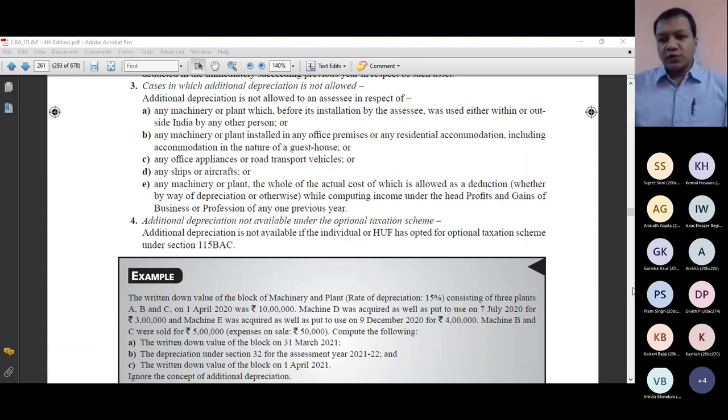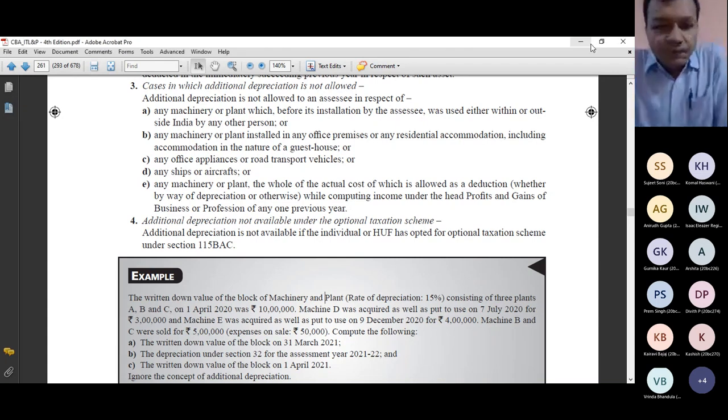I hope others are also here, because once I start discussing this, all other different changes will be related to this understanding. So you must be here. I hope you can still see the numerical on the screen, and let me start reading it.